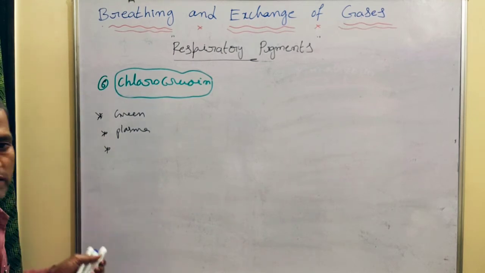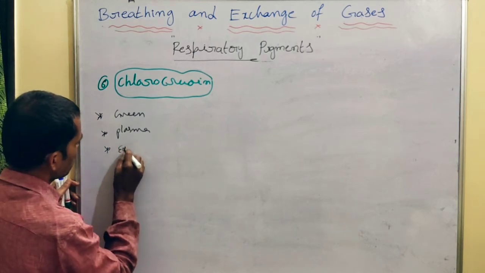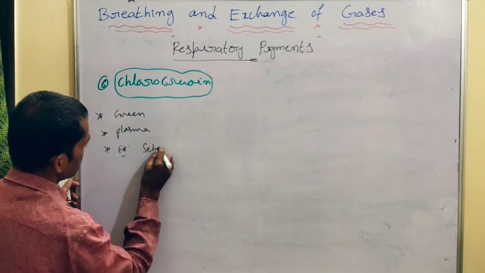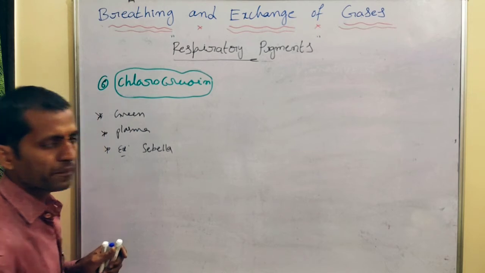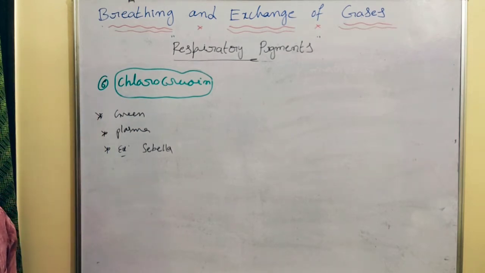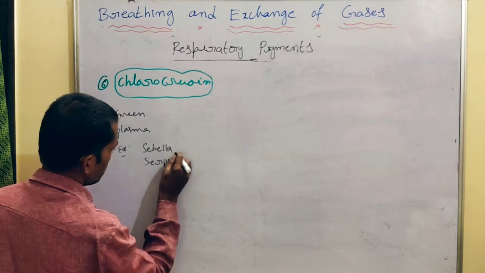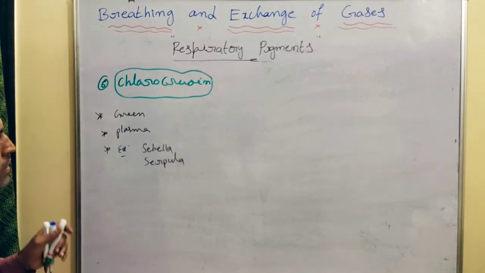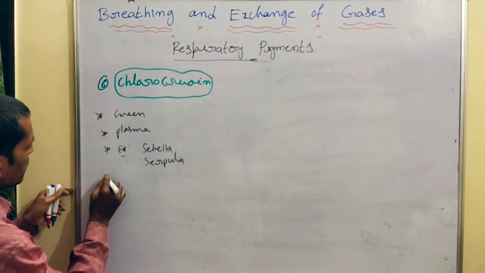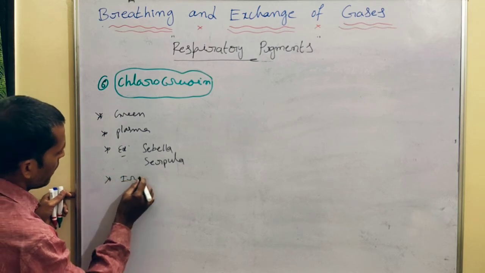Examples are Sabella and Serpula. It also contains iron.